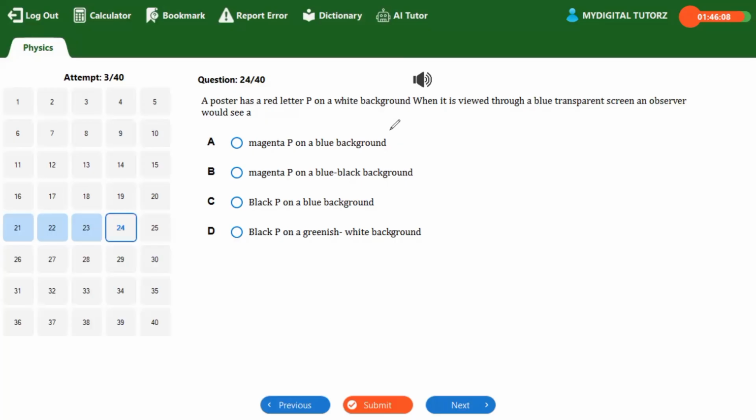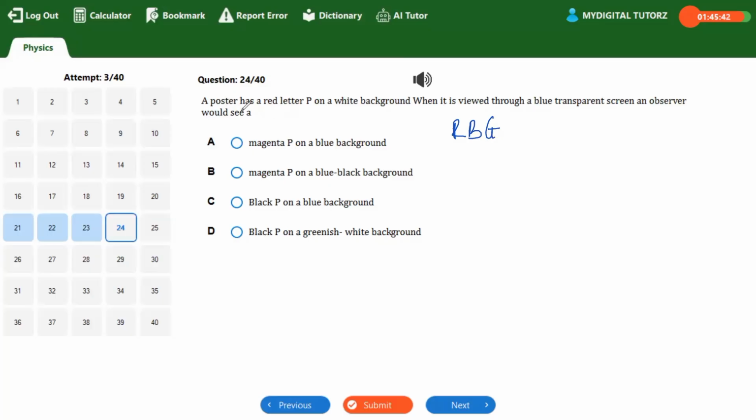Here we basically have the primary colors of light, which are what? Red, blue, and green. So the way it is that, for instance, a red object will absorb all other colors and only reflect red. Same goes to blue. It will absorb all other colors and reflect only the blue color. Same goes to green.